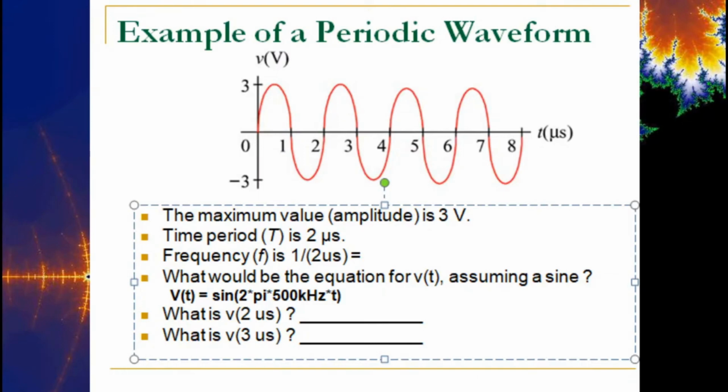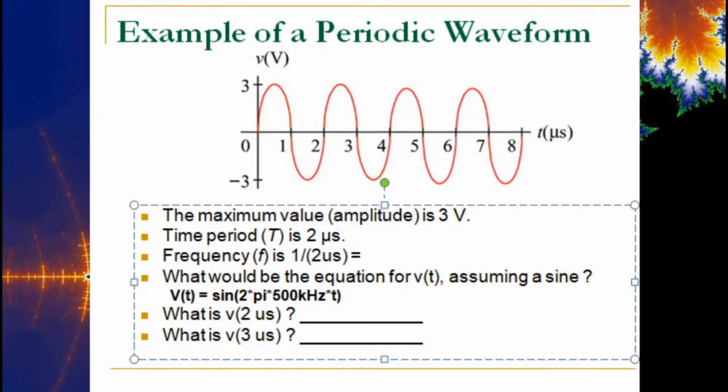How about 0? Right? Because it's right there on the x-axis where it crosses. Right? That's 2 microseconds. What about 3 microseconds? Well, we go back up to 2.5 microseconds here. I'm looking at time, and then we're at 3 microseconds. Well, the voltage at t equals 3 microseconds is also 0 volts. Right? We're talking about the instantaneous voltage at any point in time.